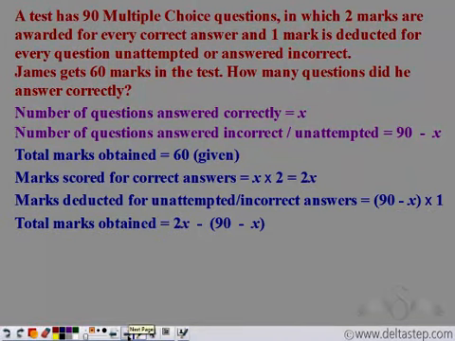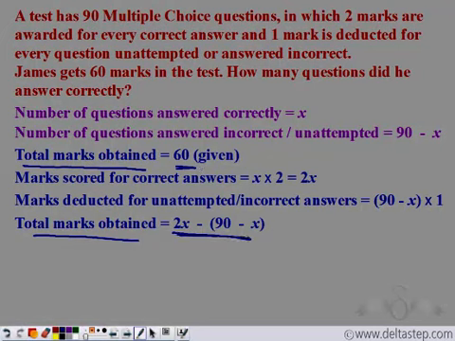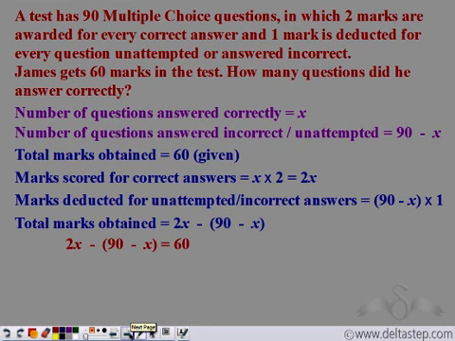So it will be 2x minus (90 minus x). Now it is given that total marks obtained is 60. So these two should be equal. So let us equate these two. Equating these two, we get 2x minus (90 minus x) is equal to 60.